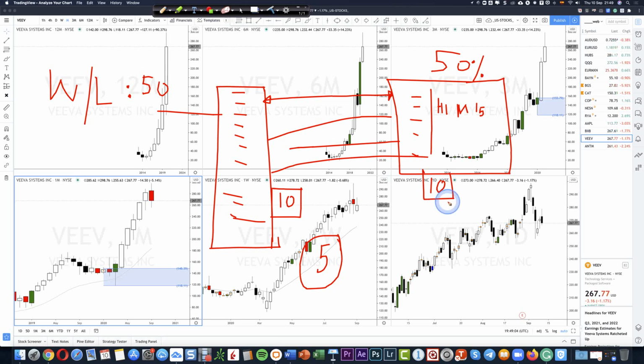So the thing is, I believe there is something more critical here to understand. Maybe it will help you understand why I switched to the bigger time frames, apart from the time in front of the computer. So if you've got a 50% win-loss ratio, that means that out of 10 trades, 5 will be losses.